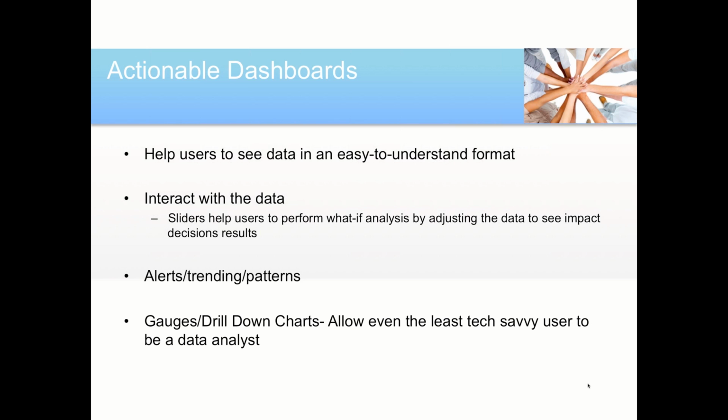Gauges can also be kind of fun to put into your dashboards because sometimes they can be interactive with your users, or it's just a good visualization to give to your users. Drill down charts are also good, but don't make the mistake that one of our clients made, as I talked about just a little bit ago, about how they had 20 different layers of data. It just got overcomplicated for the clients. So allow even the least tech-savvy user to be a data analyst.